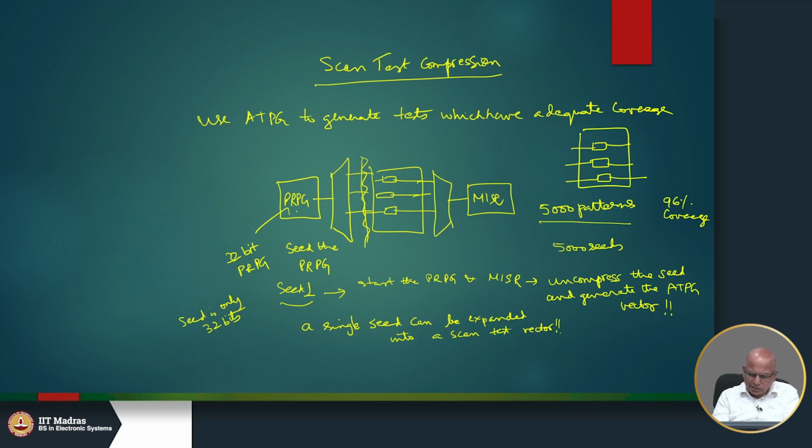Sometimes we can be lucky, right. Having loaded one seed, maybe we can even generate more than one vector from the same seed. So, one seed may even be able to provide many test vectors.